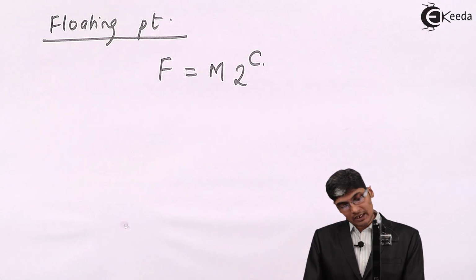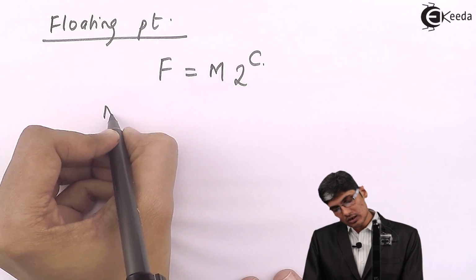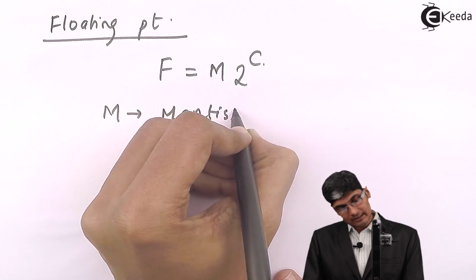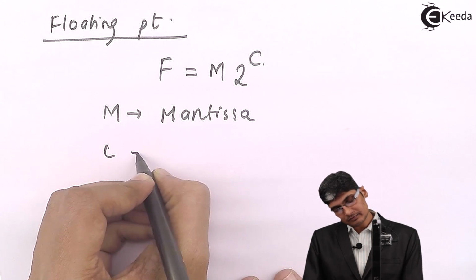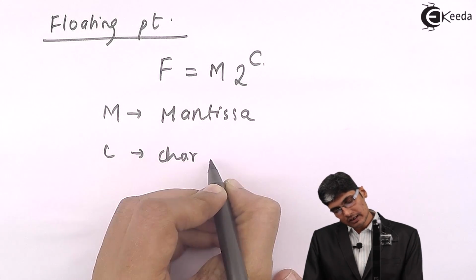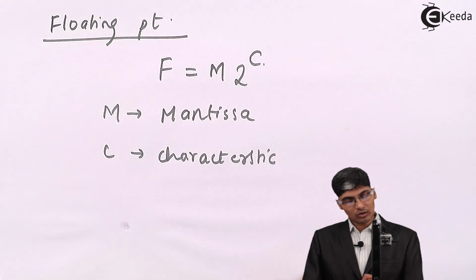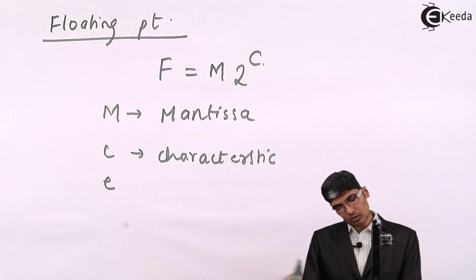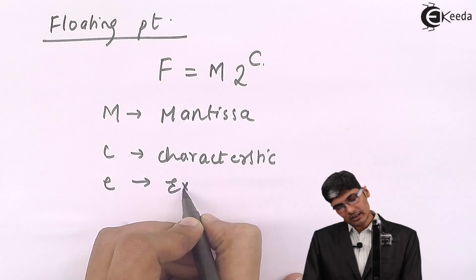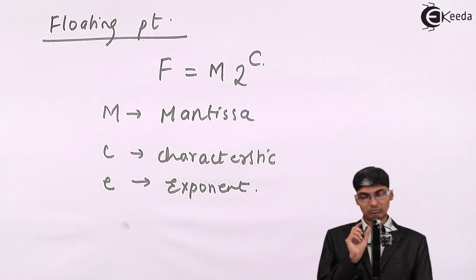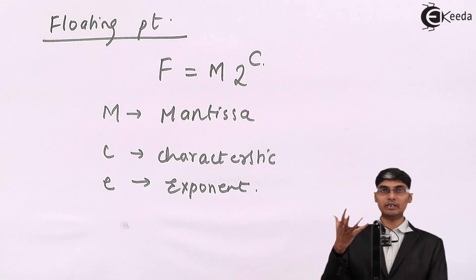Okay, where m is called the mantissa and c is called the characteristic. Okay, c is sometimes also called e, which some books call the exponent. So now we have a mantissa and an exponent form.